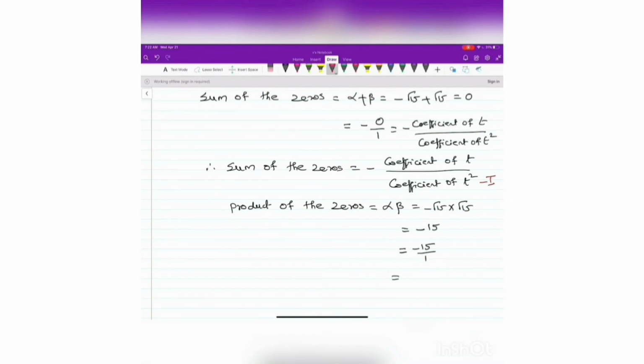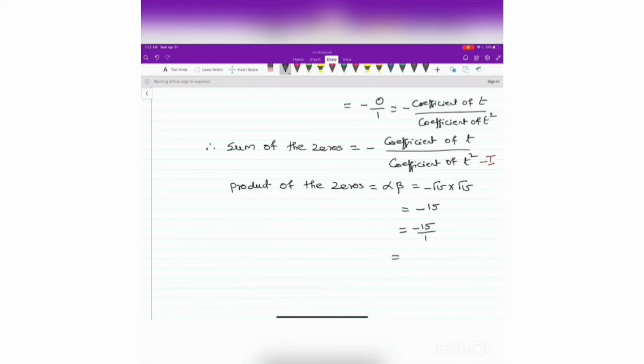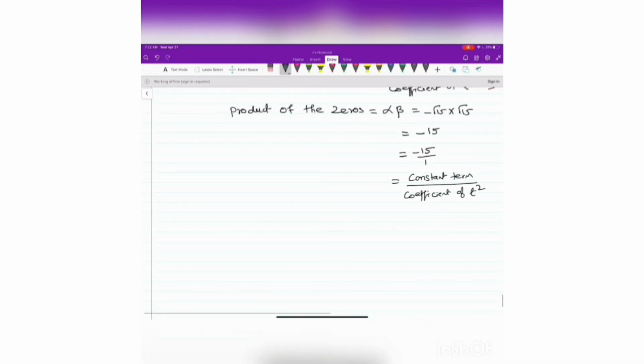So, I can write here constant term by coefficient of t square. So, verified the product of the zeros is equal to constant term by coefficient of t square.